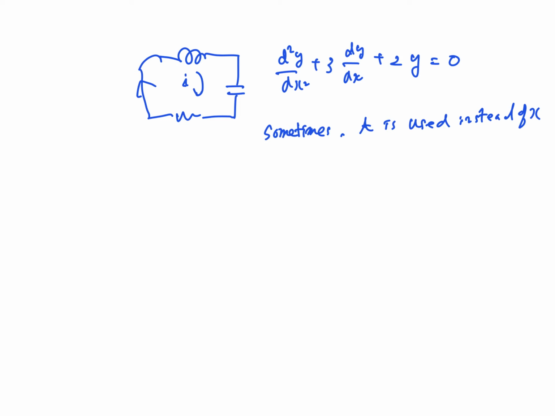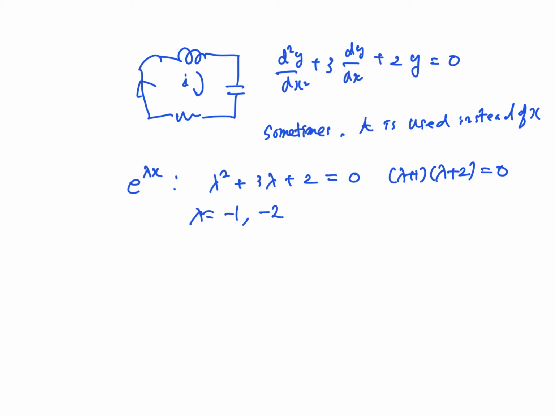So for trial solution, we can check exponential lambda x, then lambda squared plus 3 lambda plus 2 is equal to 0, or lambda plus 1 times lambda plus 2 is equal to 0. So lambda is either minus 1 or minus 2, right?